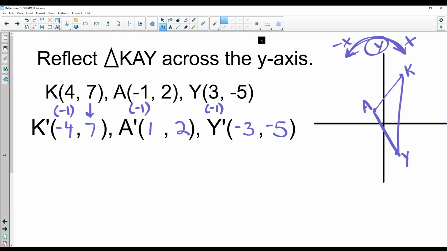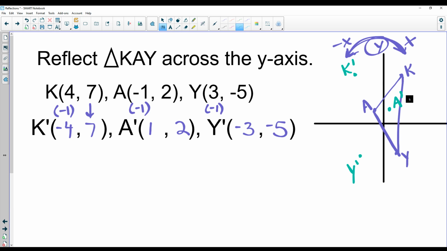Now if I want to do the image, if I want to flip it, my new point should be at -4, 7. That should be K prime. That's looking pretty good. It should be at 1, 2 for A prime. And at -3, -5 for Y prime.